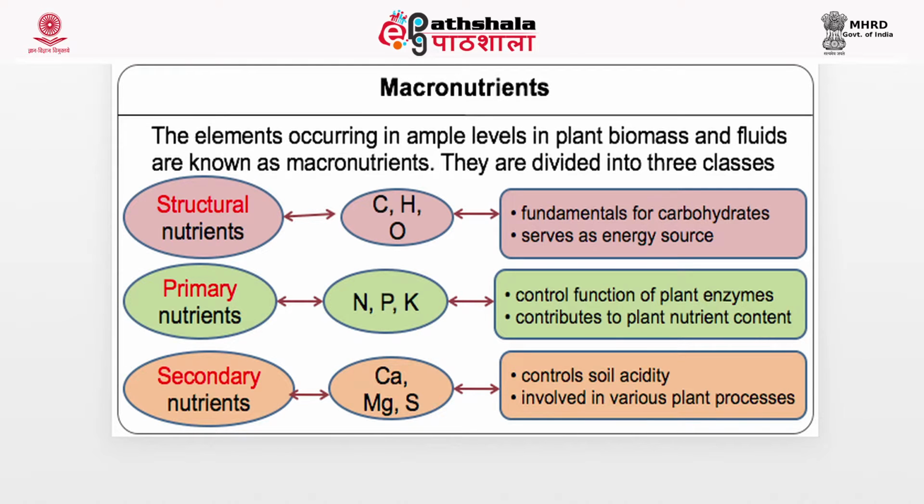Then we have primary nutrients, nitrogen, phosphorus and potassium. They control functions of plant enzymes and contribute to plant nutrient content. Then we have secondary nutrients, calcium, magnesium and sulfur. They control soil acidity and are involved in various plant processes.